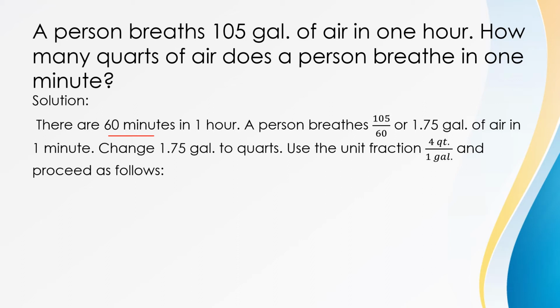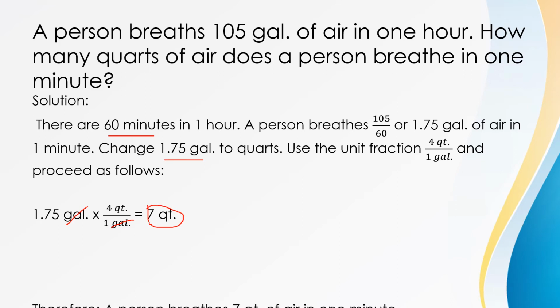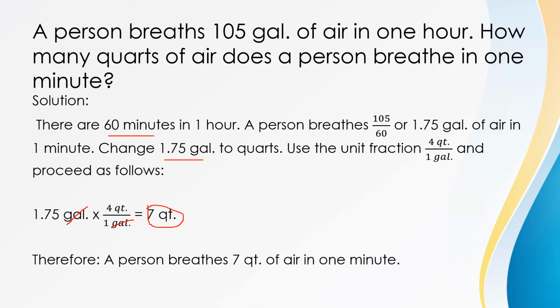Change 1.75 gallons to quarts. Use the unit fraction: 4 quarts equals 1 gallon. Cancel the gallons. 1.75 times 4 is 7 quarts. Therefore, a person breathes 7 quarts of air in a minute.